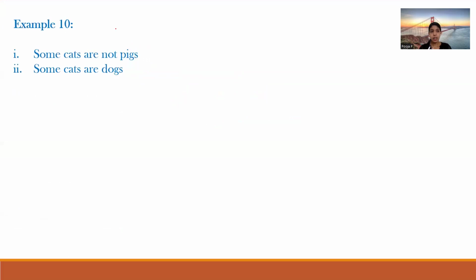The next example: premise 1, some cats are not pigs. Premise 2, some cats are dogs. What kind of statements? The first one is particular negative, and the next one is particular affirmative.